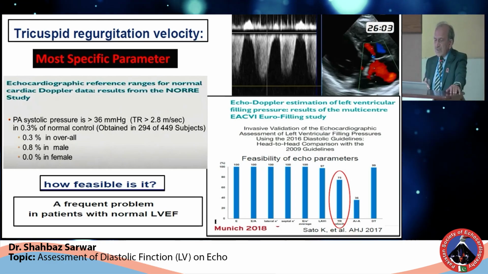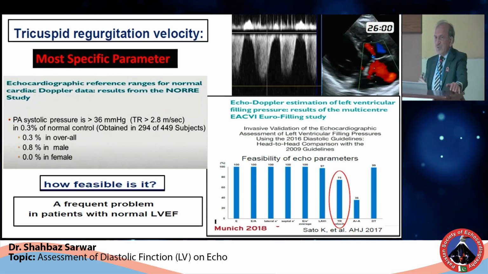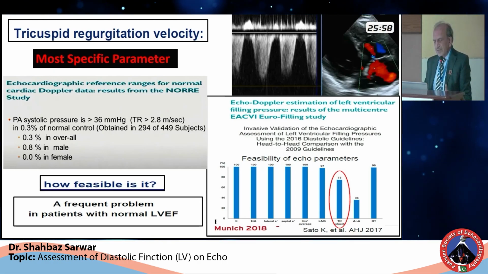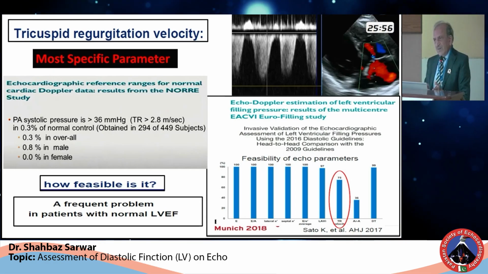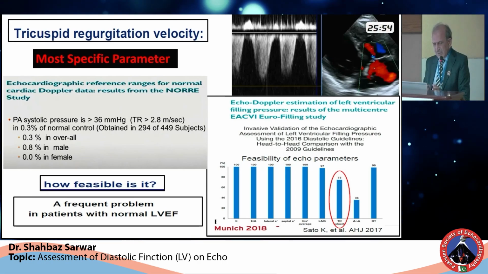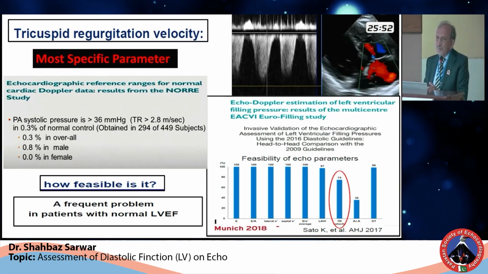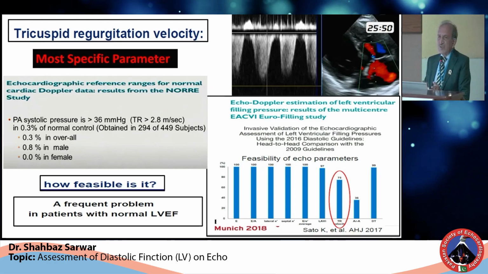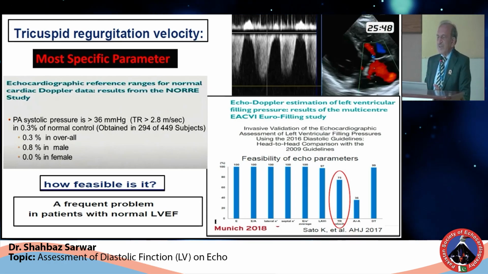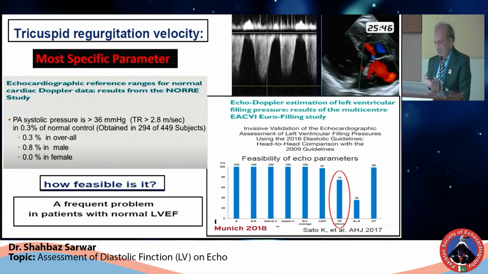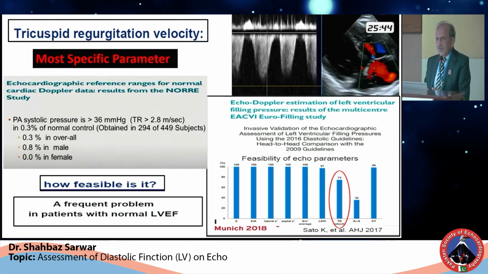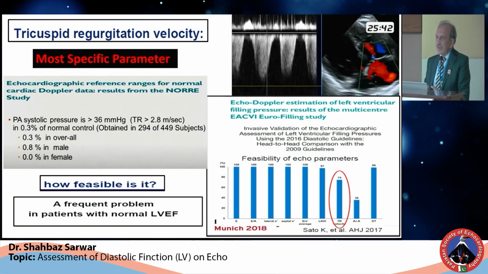So this is the most specific parameter. I'm stressing these two parameters because there are 4 parameters and we are stuck most of the time with indeterminate when 2 are positive and 2 are negative. But if you have these 2 positive, then probably diastology is abnormal.